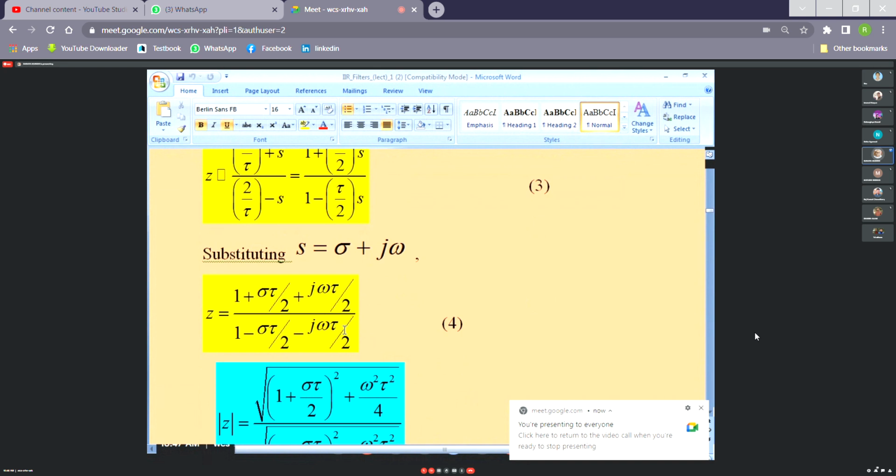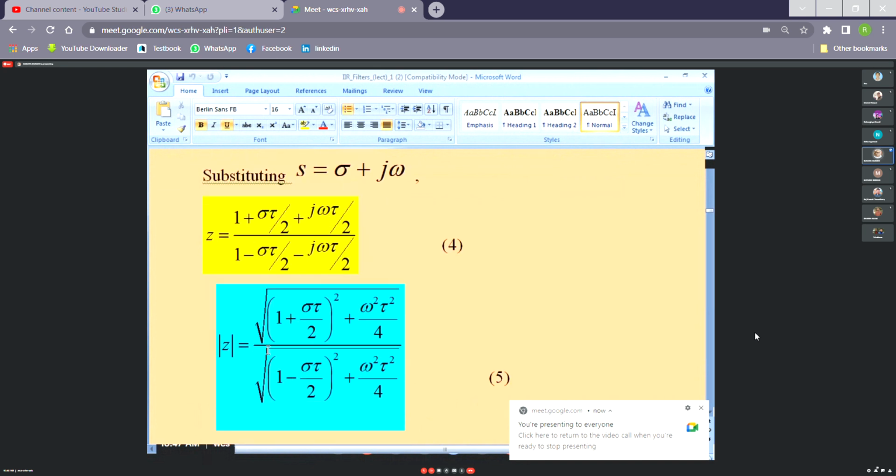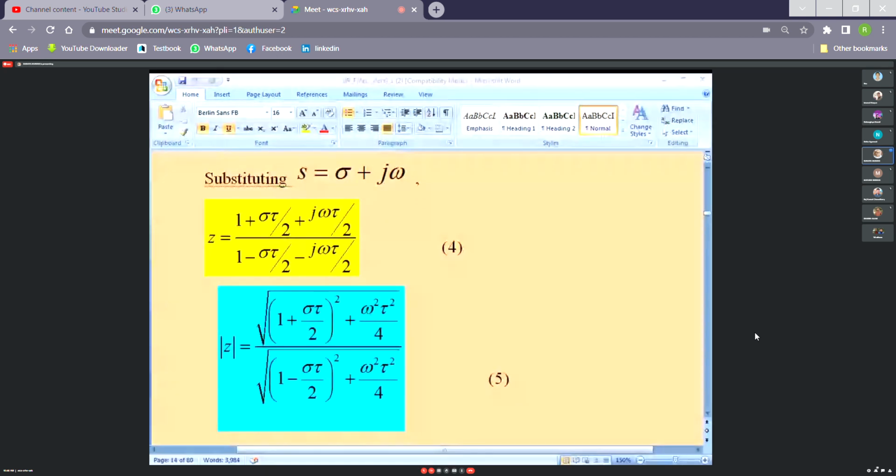If that is the case, then what will be the expression for magnitude of Z? In the numerator, you have root over (1 plus sigma tau by 2) whole square plus omega square tau square by 4. In denominator, you have root over of this term. So the only difference between the numerator and denominator is here you have a positive sign, here you have a negative sign. That is the only difference.